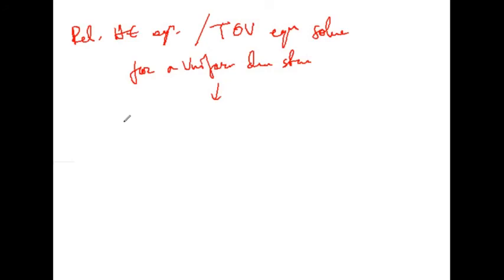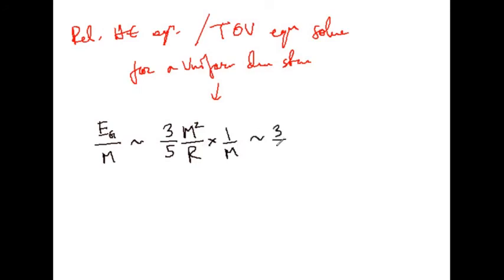So basically the result will be the gravitational energy relative to the total mass. If we do this, the result will be approximately 3/5 M/R, and you will see that from this case what we will get is that this is less than 4/15, or 27%.